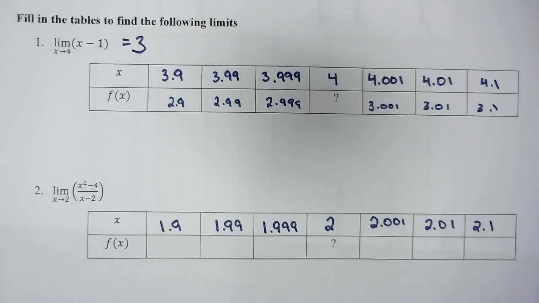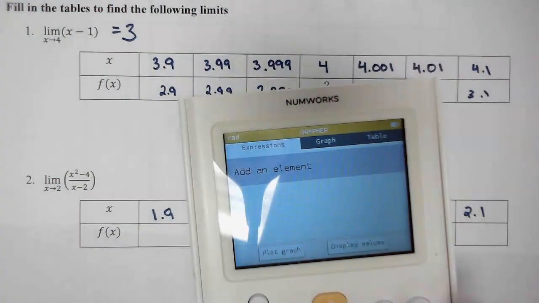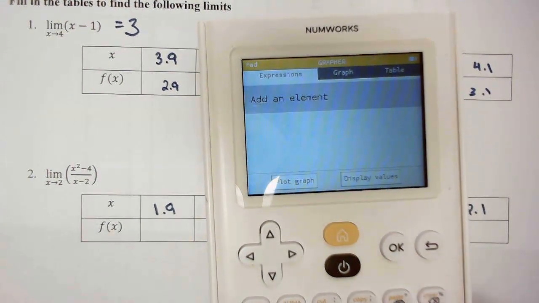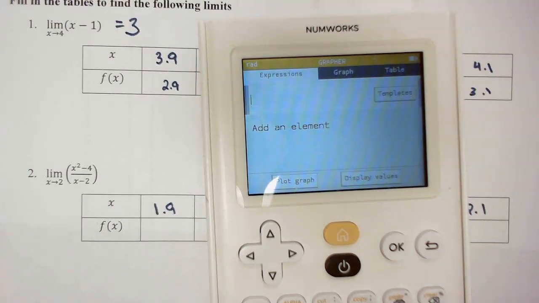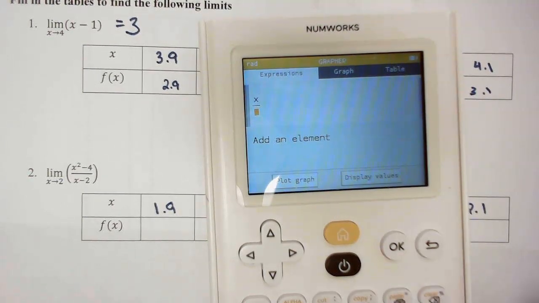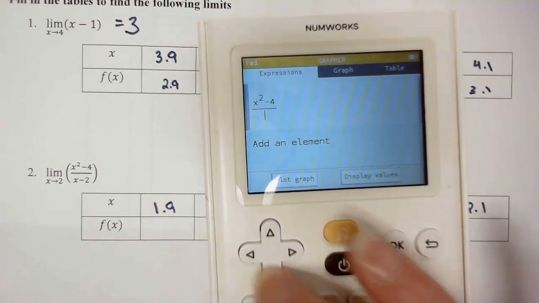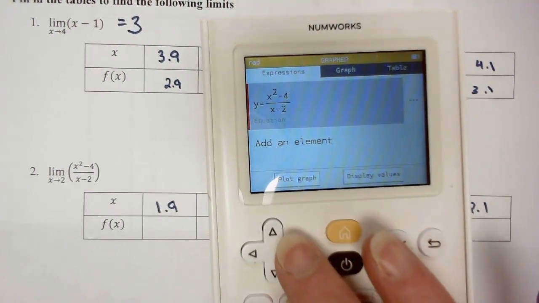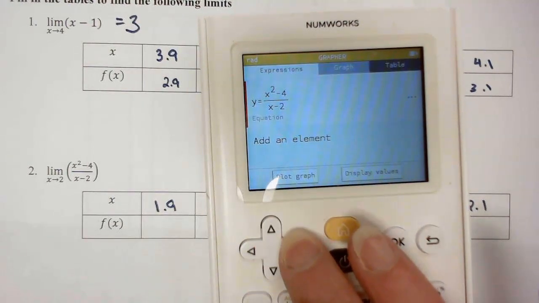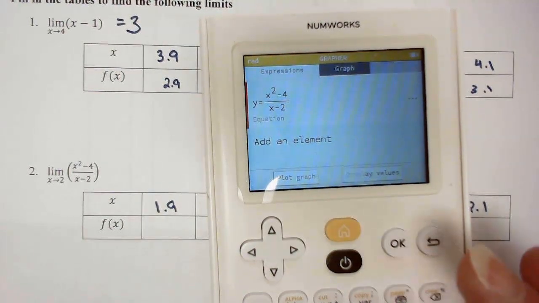Okay. So what I'm going to do is go to the grapher and put this function in as a fraction, x squared minus 4 over x minus 2. All right, so now I want to make a table, so I'm going to go to the table feature.